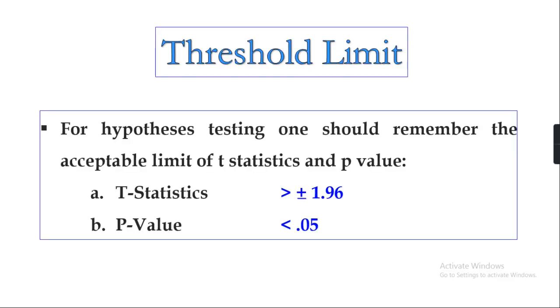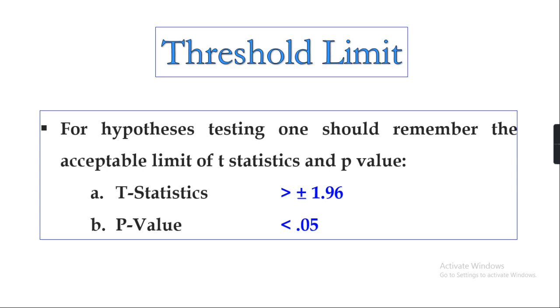Before going to the practical demonstration in Smart PLS3, we should remember the threshold limits in order to test the hypothesis. We need to remember the T statistics value and the P value. The threshold limit of the T statistic is that the value must be greater than plus or minus 1.96, and the P value must be less than 0.05.